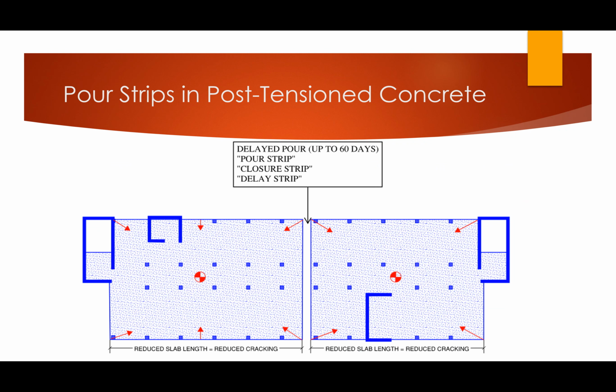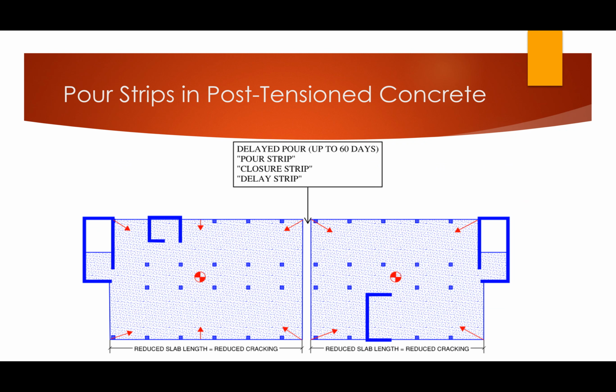That central strip running through the building is what we call a pour strip. So the left-hand side and the right-hand side of the building are poured independently. There's no connection. The post-tensioning is done independently in each one. And then this pour strip down the middle does not really get filled in for an extended period of time.